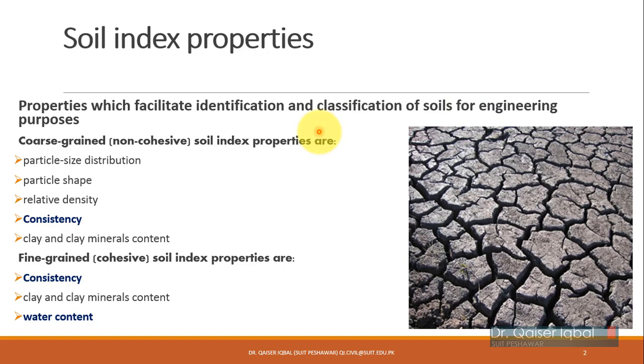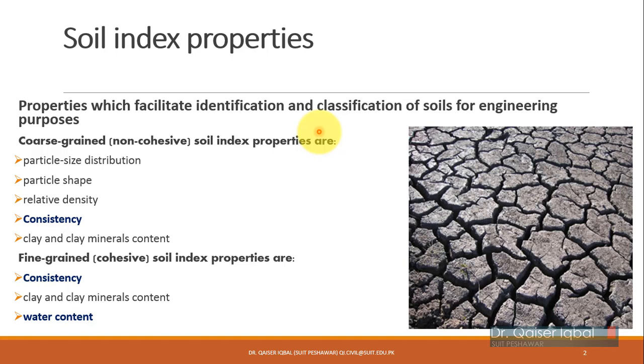Now, if you have two different types of clay, that is possible, because clay will not always be of the same type. Similarly, if you have gravel or aggregate or sand, it will also not be of the same type all the time.